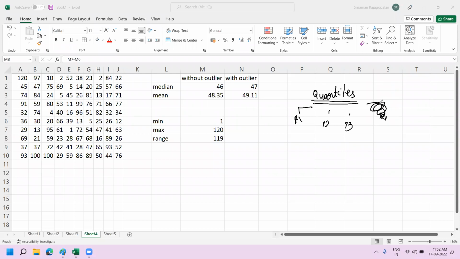So if I calculate my first quartile, this gives some value. I'll call this value Q1, some number. Let's call this N1. This is N2. Now I get some value for Q1. Q1 equals N1. So what is the meaning of this number N1? What does this indicate?